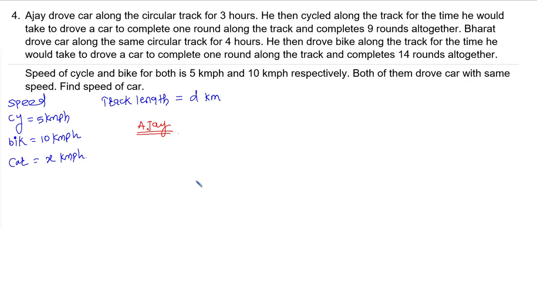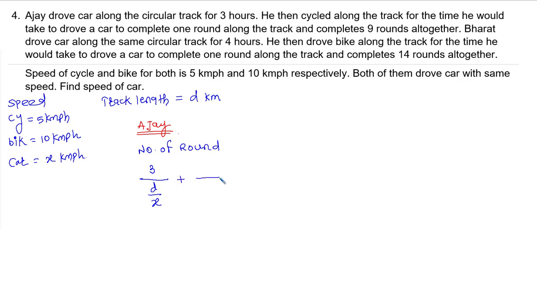Let's have a look at it. The number of rounds is equal to the time taken, 3 hours, divided by the time taken for 1 round by using the car, which is d divided by x. This is the number of rounds by using the car in 3 hours.